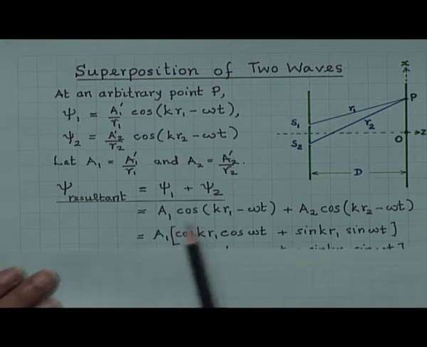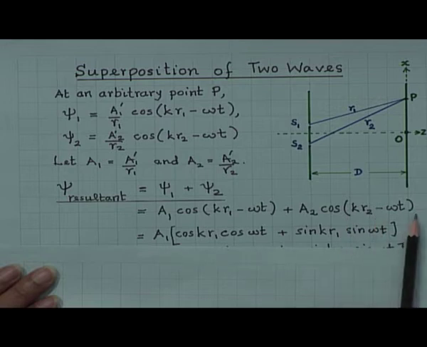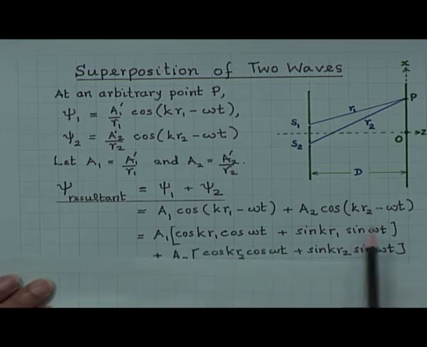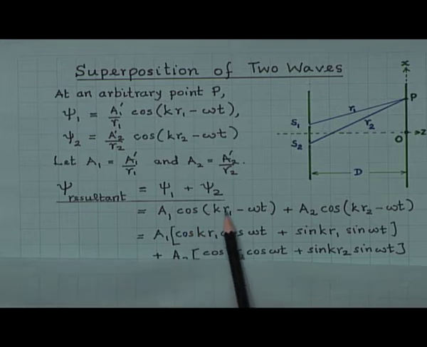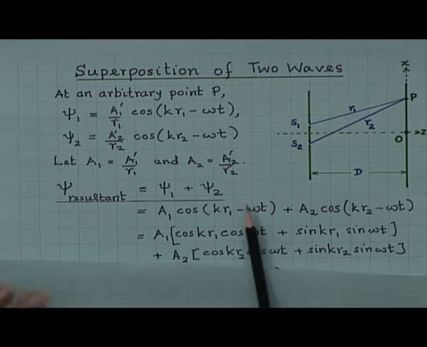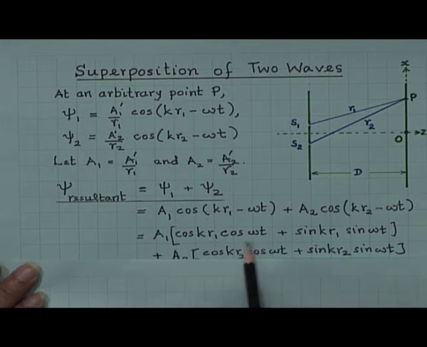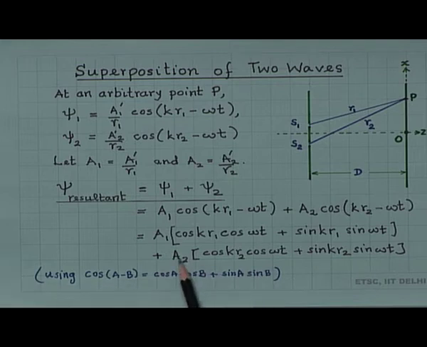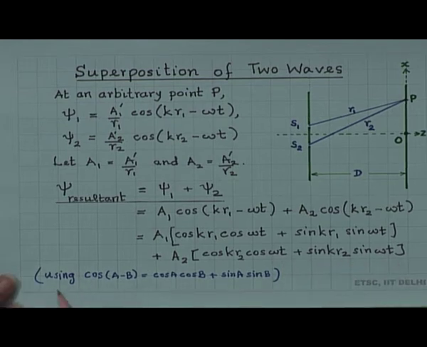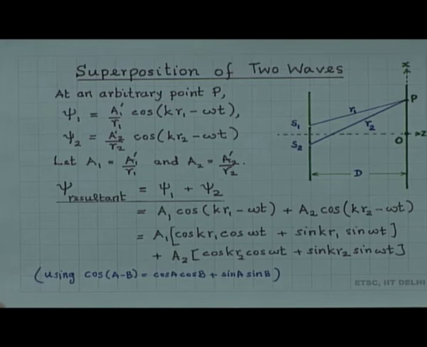That is A1 cos (k R1 minus omega t) plus A2 cos (k R2 minus omega t), which can be opened up using cos (A minus B) equal to cos A cos B plus sin A sin B. So the first term has cos k R1 cos omega t plus sin k R1 sin omega t, and the second term A2 has cos k R2 cos omega t plus sin k R2 sin omega t.